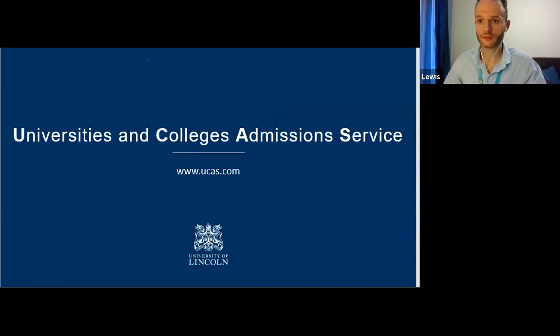So what is UCAS? As I'll be referring a lot to this throughout, in case there's anybody who's new to this process, UCAS is the Universities and Colleges Admissions Service. They receive, distribute and manage your student's application at each stage, before, during and after.